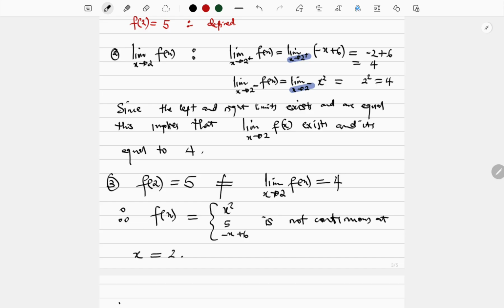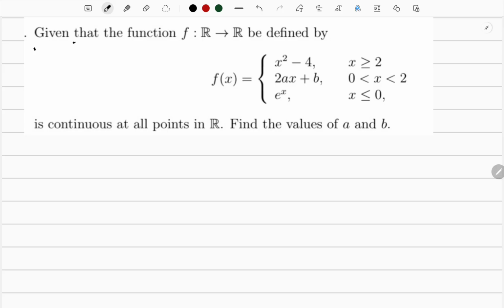Full stop. I'm just going to consider one example from the tutorial, then we move forward to the next topic. For this example, we are given that the function f which maps R to R is defined by f of x is x squared minus 4, 2ax plus b, and e to the x, and is continuous at all points in R. Find the values of a and b.